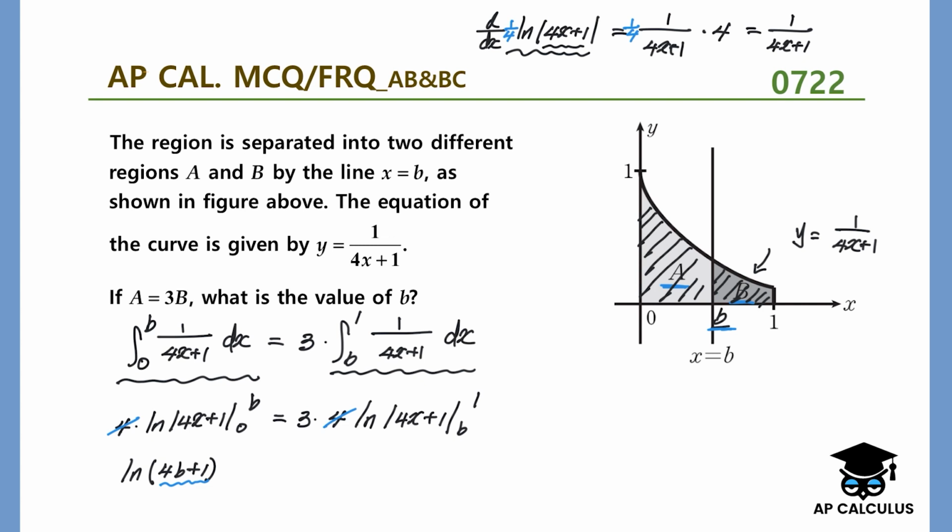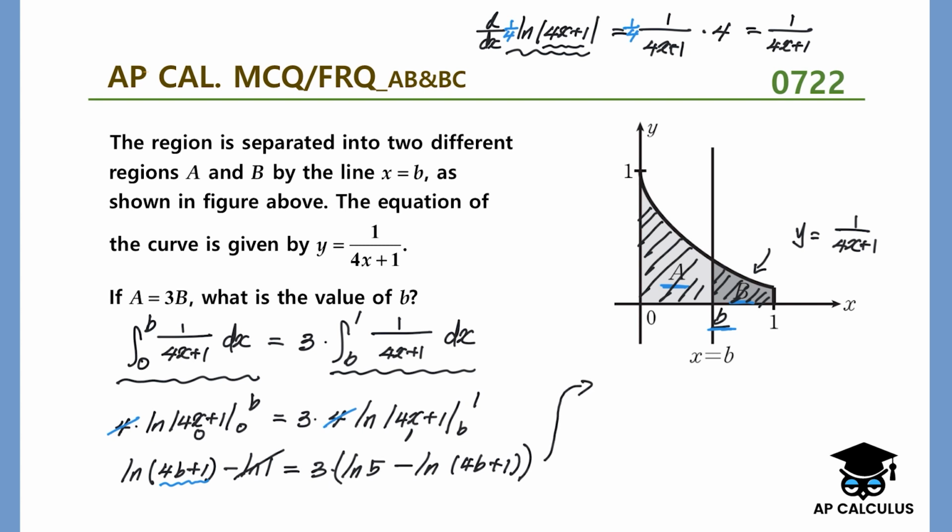Minus natural log 1, if we substitute 0 for x, that's natural log of 1, is equal to 3 times natural log, if we substitute 1 here, that's 5, minus natural log of 4b plus 1. So far so good? Okay, natural log of 1 is equal to 0, right?